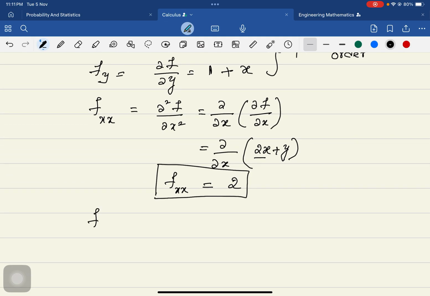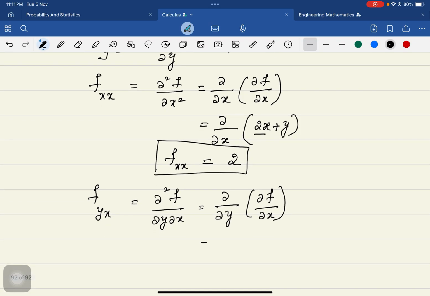Now the next one. First of all, fyx let us take. That is given by dou square f by dou y dou x. That means you are differentiating dou f by dou x with respect to y.